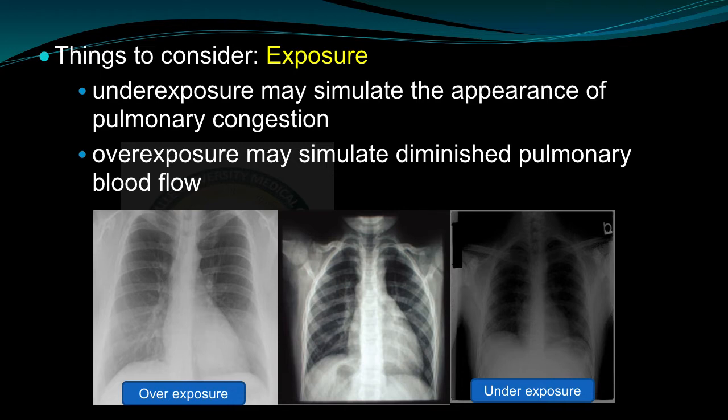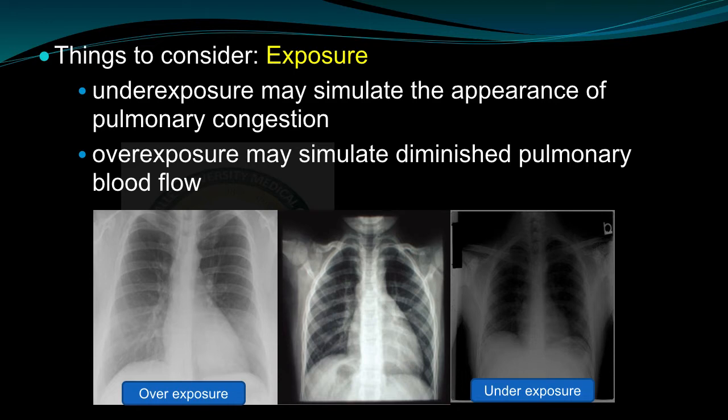Underexposed may simulate the appearance of a pulmonary congestion. Okay. Then an overexposed may simulate a diminished pulmonary blood flow on the extreme right. So, the middle x-ray film is a normal exposure.